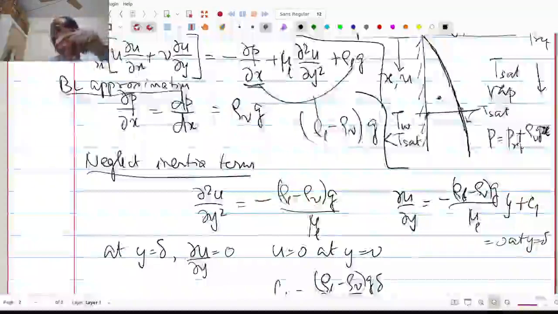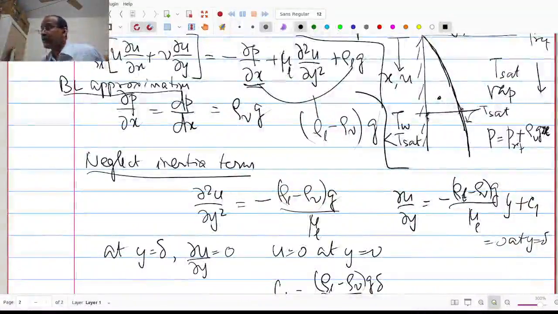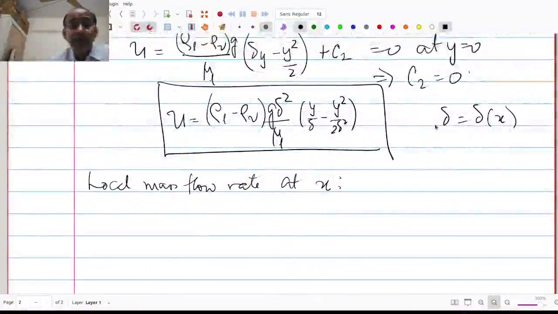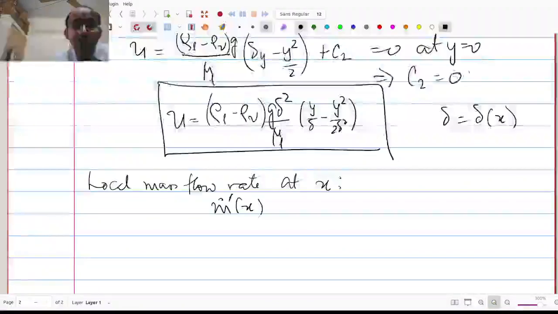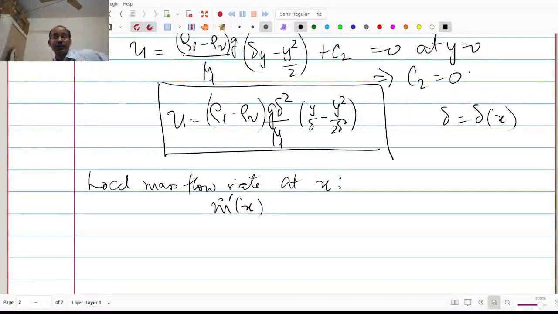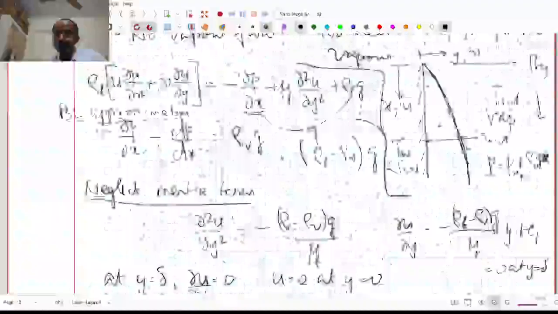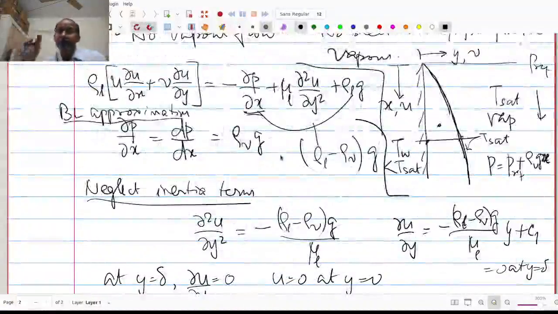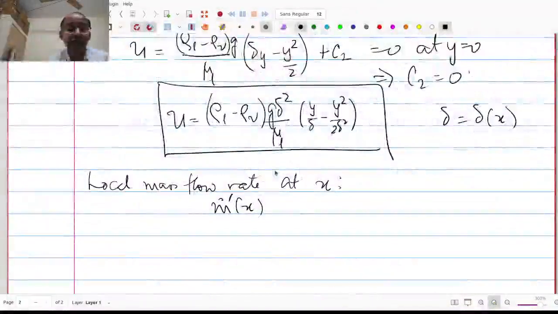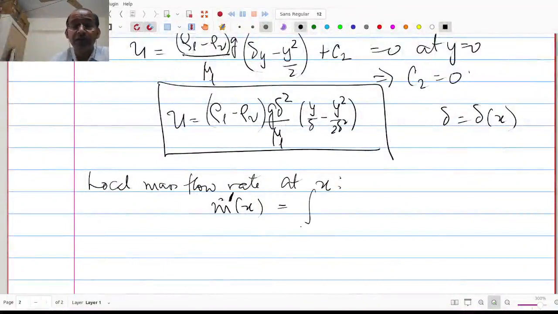So we just integrate it. This is actually m dot prime, the mass flow rate per unit width of the plate, because the plate is taken to be unit width perpendicular to the plane of the board.